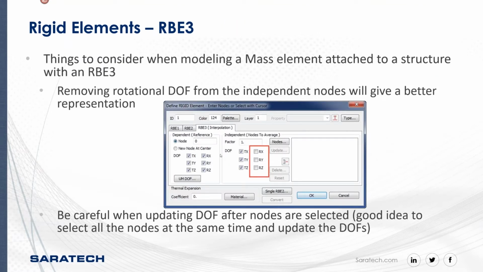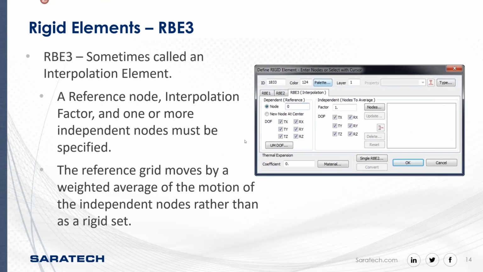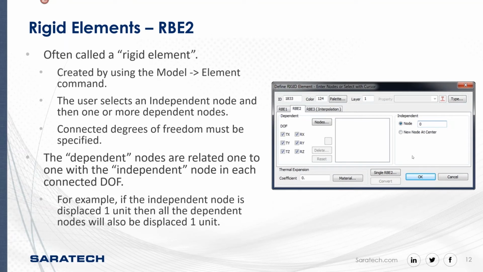So here's the question. In an RBE3, you see that the dependent node has degrees of freedom for all 6 in both independent and dependent, where an RBE2 only has the values for the dependent node. I believe that's just how the equation writes out, because the RBE2 element is infinitely rigid.